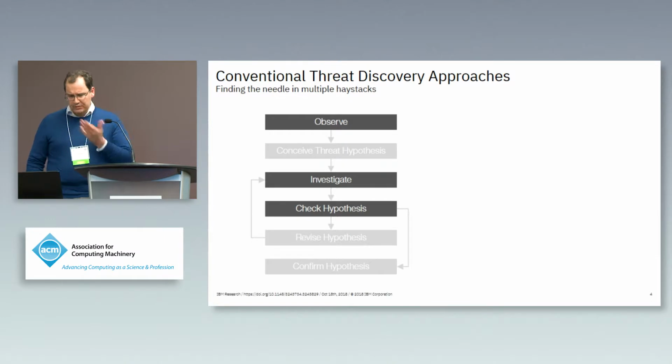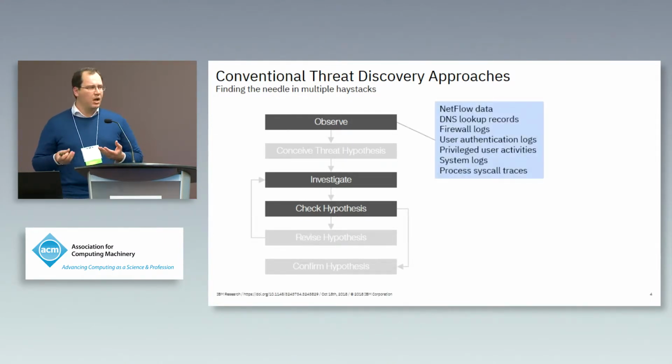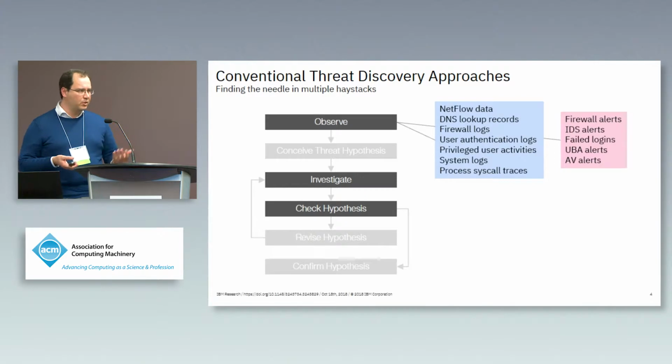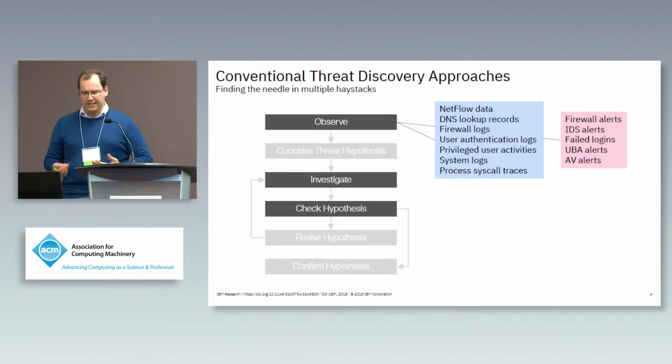So conventionally, our threat discovery approaches depart from our capabilities. So we have monitored data from many heterogeneous data sources, and we have also sources of alerts and intrusions, and also threat intelligence like anomaly scores, indicators of compromise that get factored into this data.